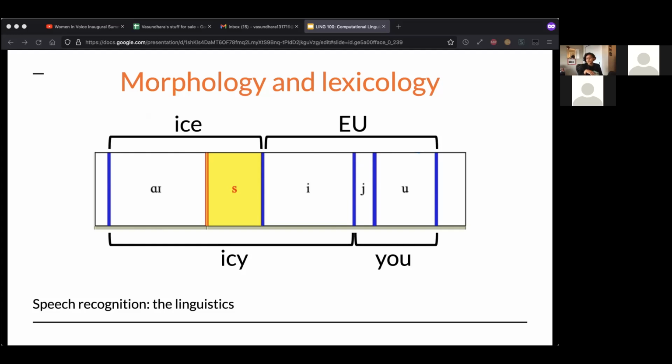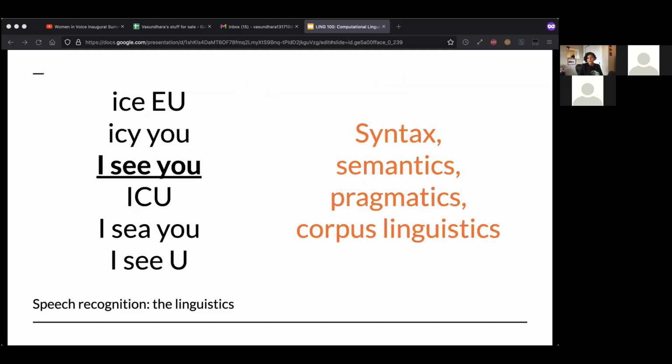And so that's something to be aware of if you're planning to do further classes in linguistics. And then finally, the last bit: okay, you've gotten from your IPA symbols to words, and now you're trying to pick what is the most likely sequence of words. You use a bunch of syntax, semantics, pragmatics, and corpus linguistics.